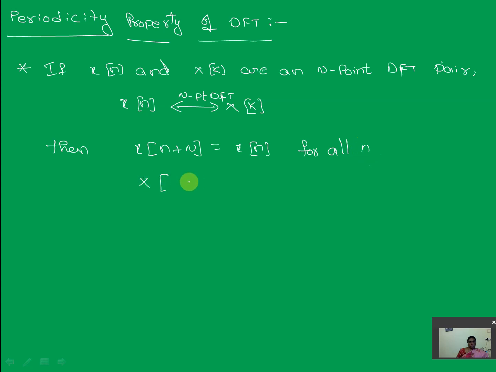Similarly, X of k plus capital N is nothing but X of k for all k.